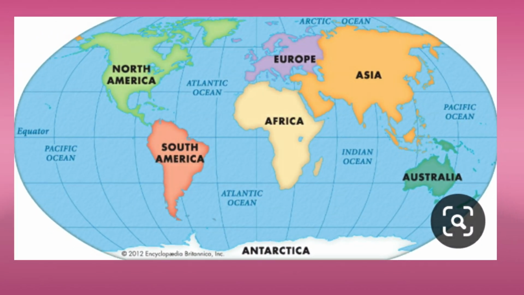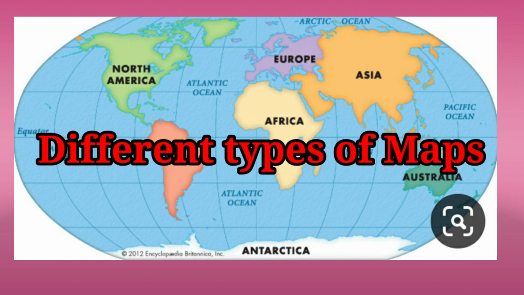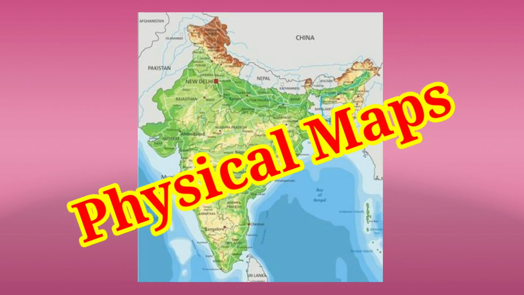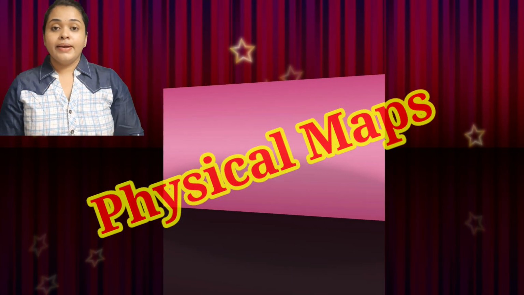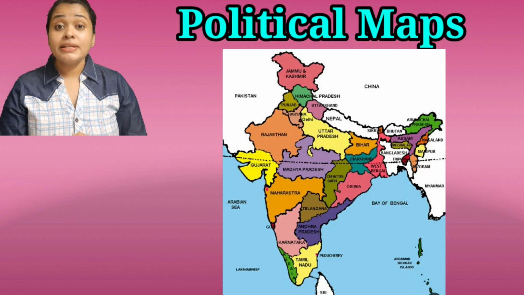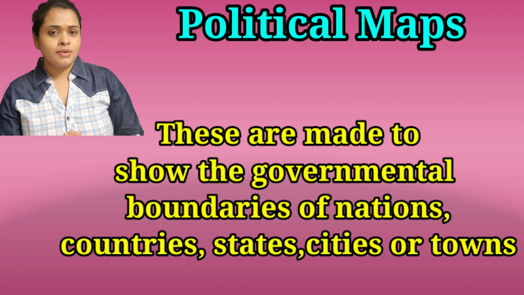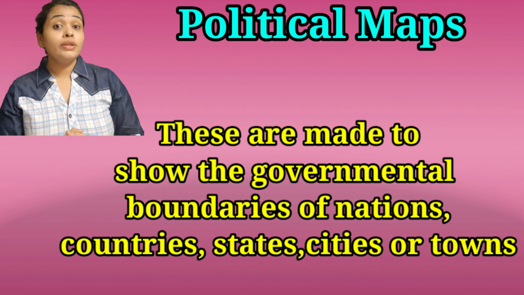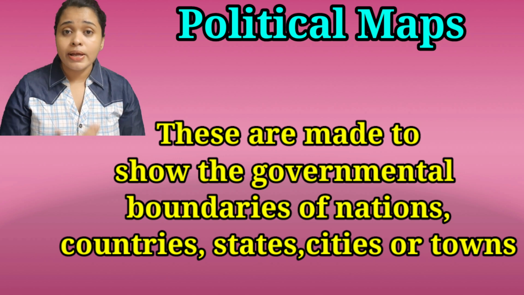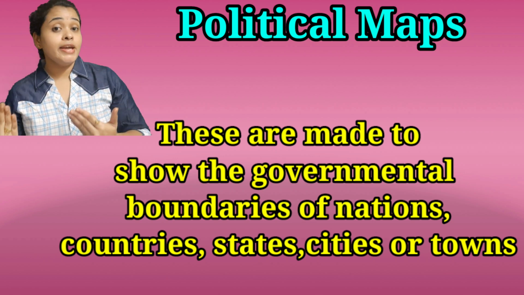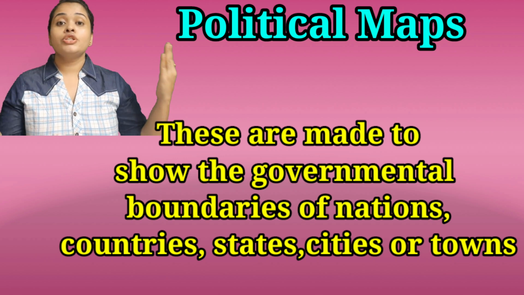In this session, we are going to deal with different types of maps and, in detail, physical maps. Different types of maps. Political maps. These are made to show the governmental boundaries of nations, countries, states, cities or towns.